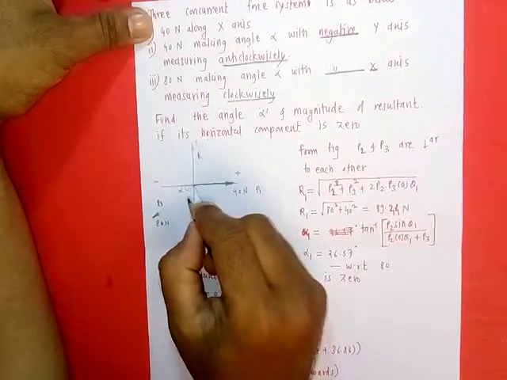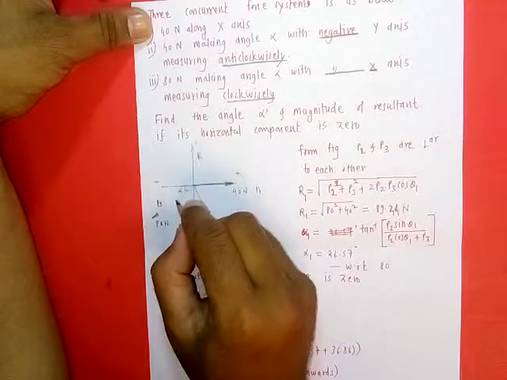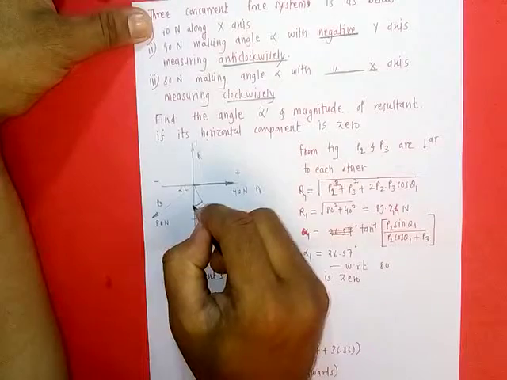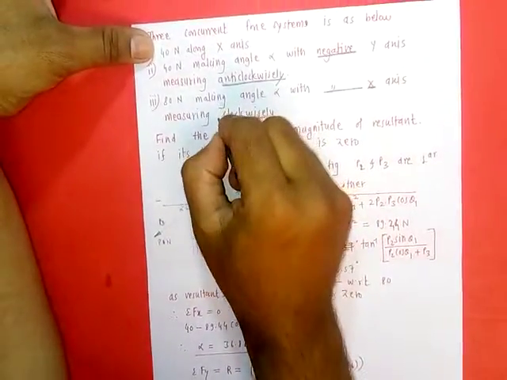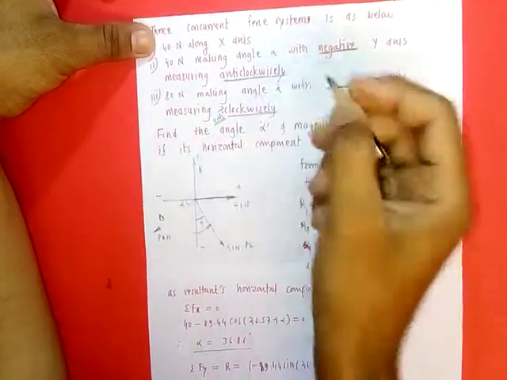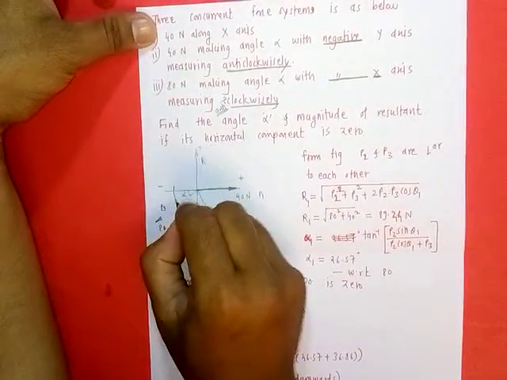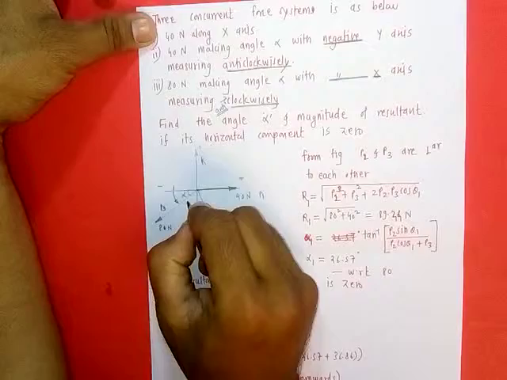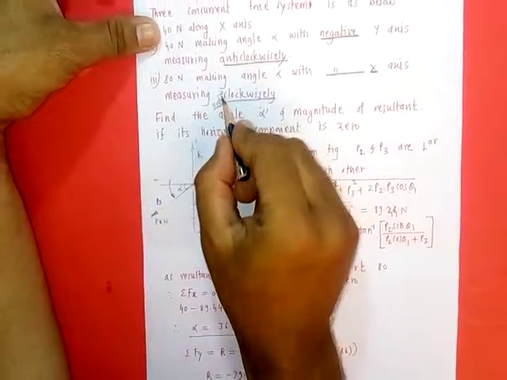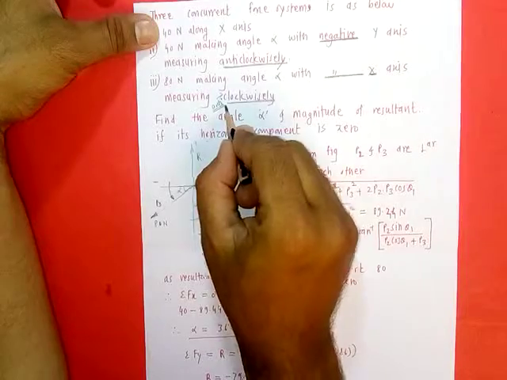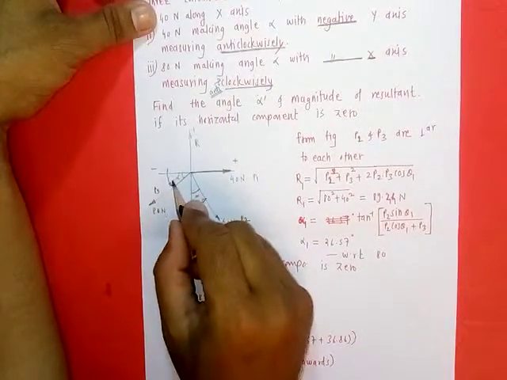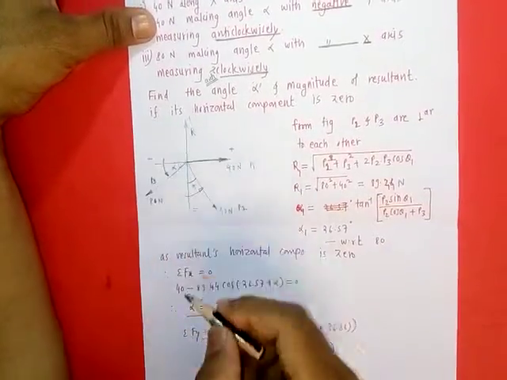Sorry, here there is a correction, so take this as anti-clockwise. So again anti-clockwise means in downward direction with negative x-axis.